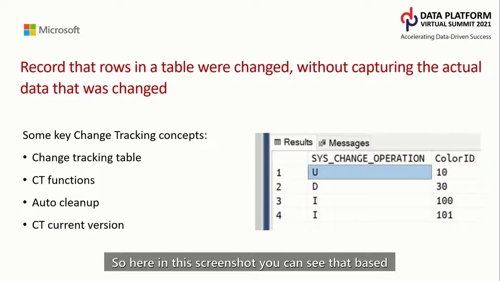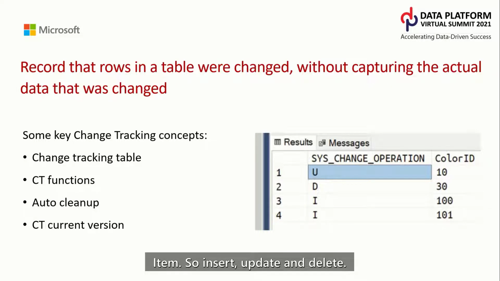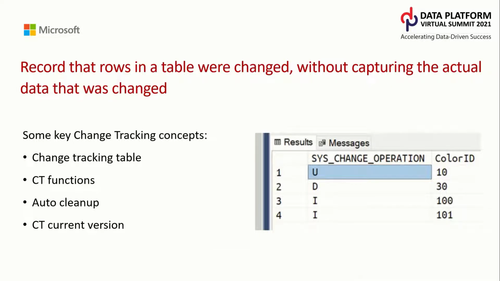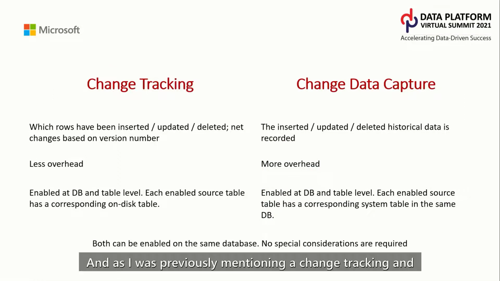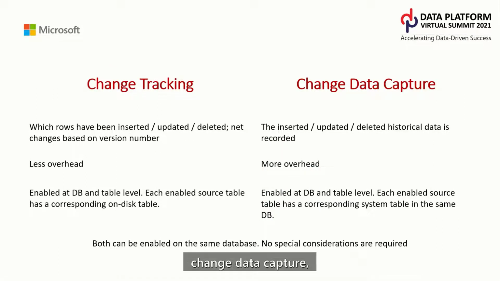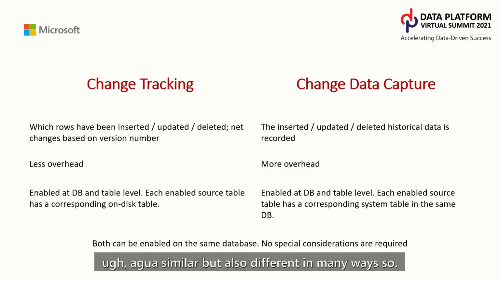So here in this screenshot, you can see that based on the caller ID, you can see which change operation, which DML change has occurred on that item. So insert, update, or delete. And as I was previously mentioning, change tracking and change data capture are similar but also different in many ways.